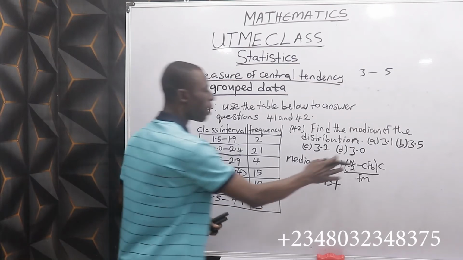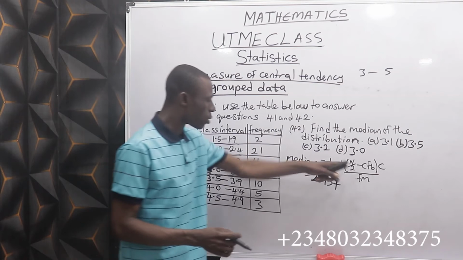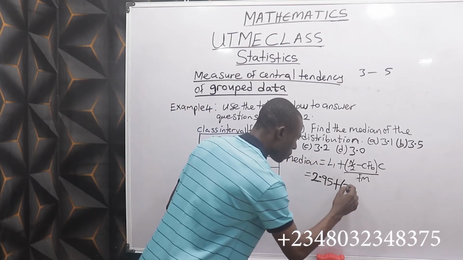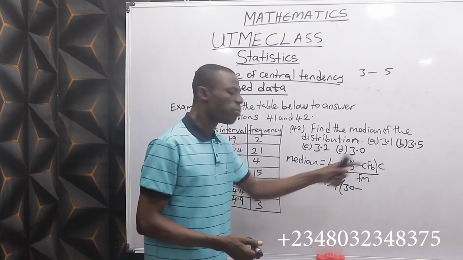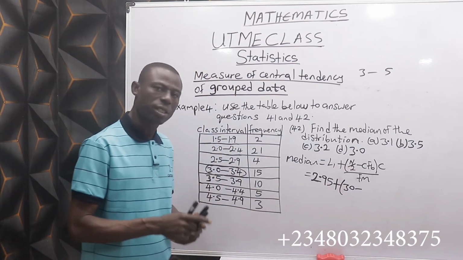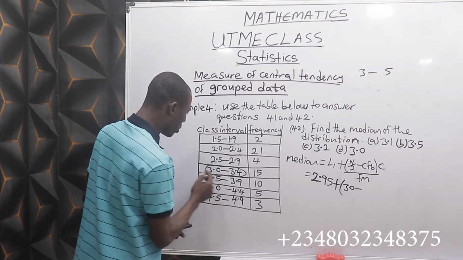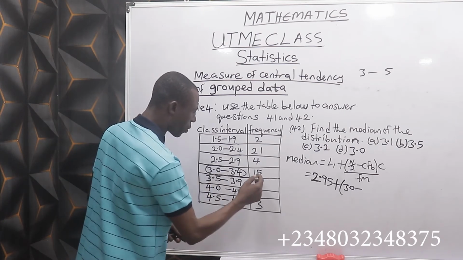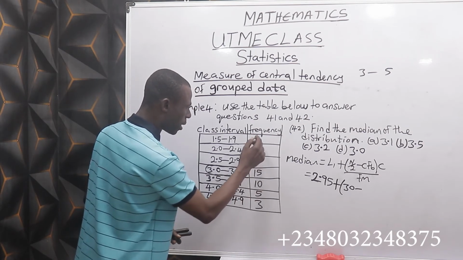So plus N here, summation f, which is 60. 60 divided by 2, that is 30. Minus CFB, cumulative frequency before the median class. You can see that this is the median class and the median frequency is 15. So the cumulative frequency before getting here is this.